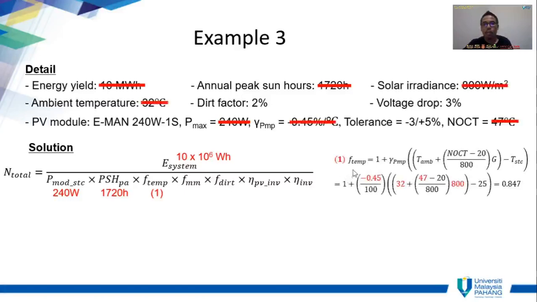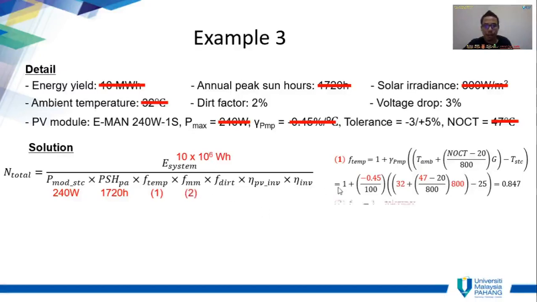F temp equals 1 plus the temperature coefficient of PMP, which is minus 0.45 over 100 because the percent is written here, times T ambient, which is 32 degrees C, plus NOCT, 47 degrees C, and the G value, the solar irradiance, which is 800 watt per square meter, minus T STC, which is 25. Then you get the value of 0.847.